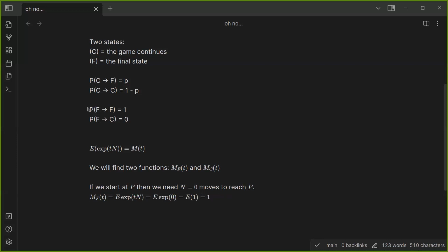Okay, the first function is found. Let's find the second function. Any questions here? If we start at the final node, we need 0 moves to reach the final node. Hence, n is equal to 0. Tn is 0. Exponent of Tn is 1. Expected value of 1 is 1. Any questions?